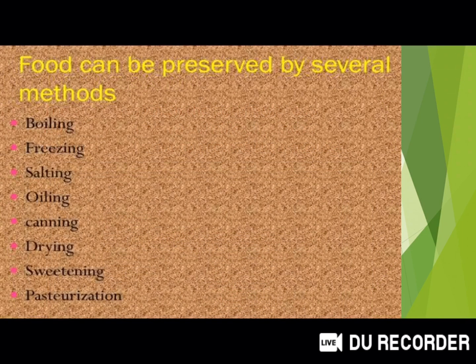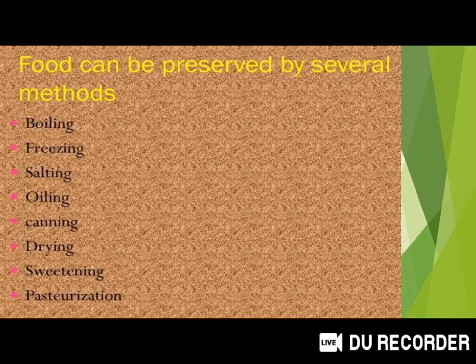Let us see different methods of preservation of food. Food can be preserved by several methods. You can see the first one is boiling. By boiling, some food items can be preserved for later use, for a longer time. Freezing is another method by which we can store food items for later use.